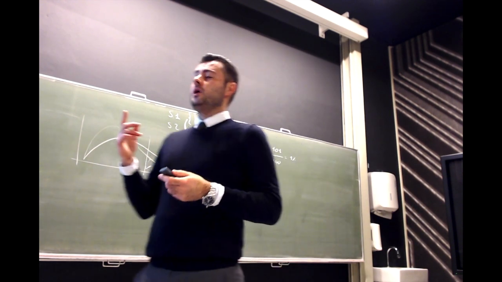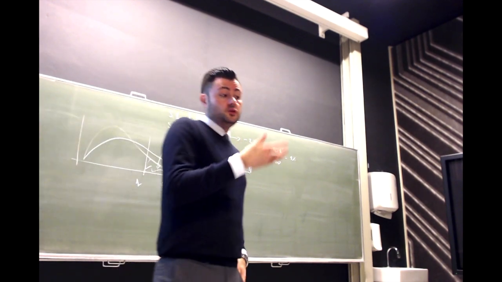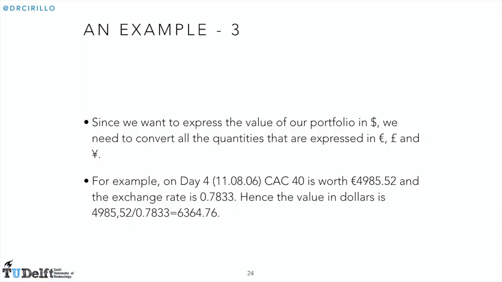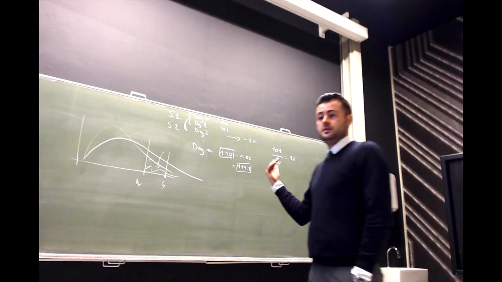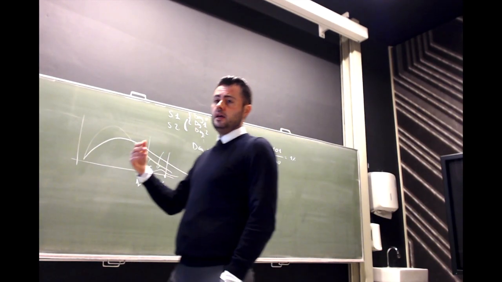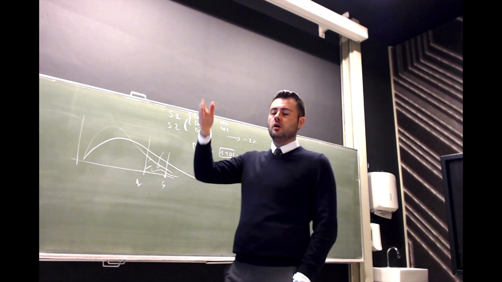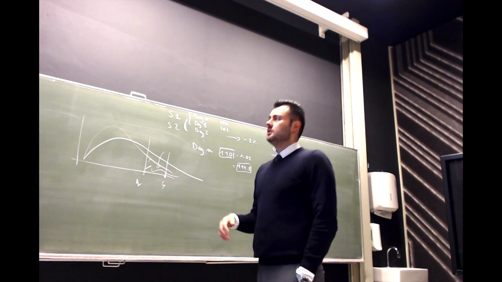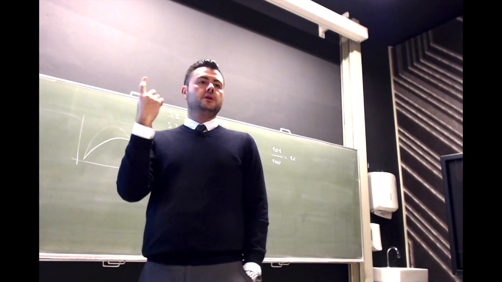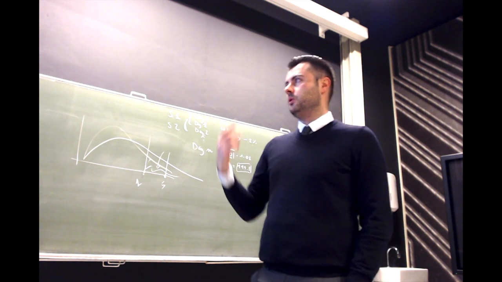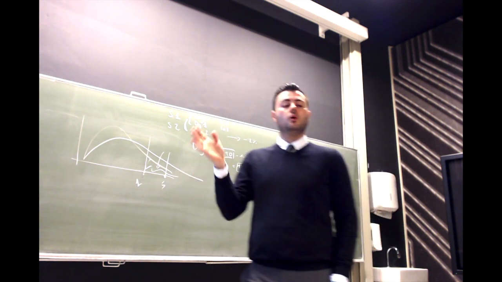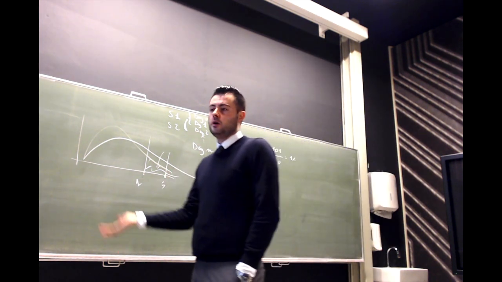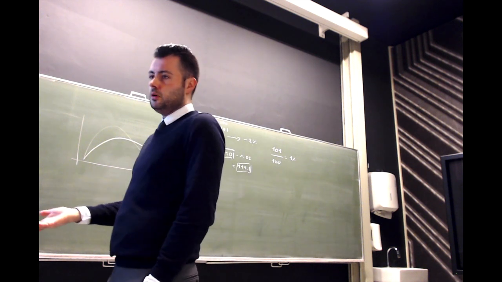Now, the first thing that we have to do is generate our value at risk, our expected shortfall, but these are indices in different currencies. For example, CAC 40 is in euros, Nikkei is in yen, we have dollar, pound, and so on. So what we have to do is find one currency that we want to use. Let's assume that we want to use the dollar. So all the quantities that are not in dollars need to be transformed into dollars.